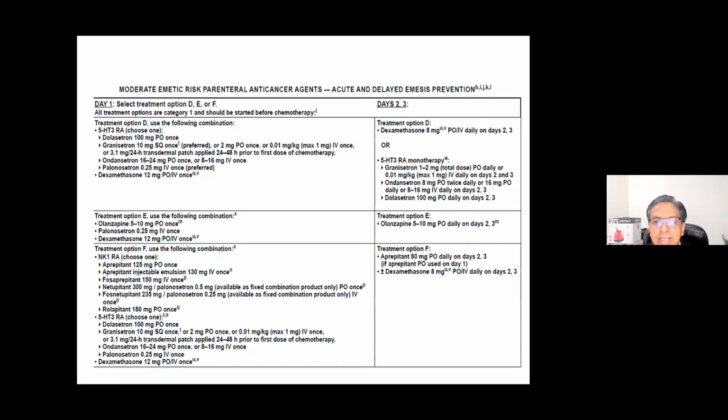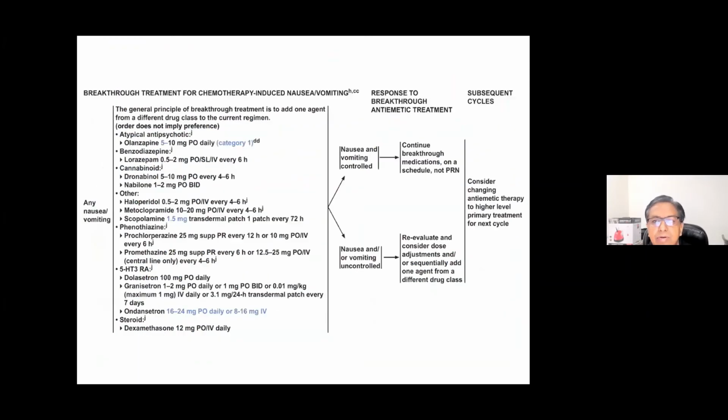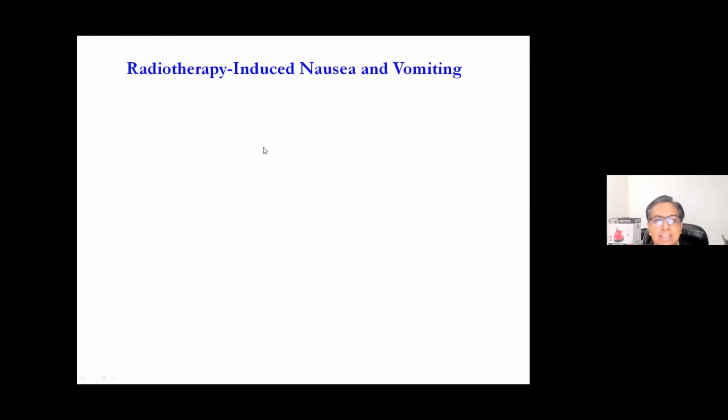For the moderate category, 5-HT receptor antagonists, the longer-acting agents like granisetron, or steroids can be considered for these patients. So when we say breakthrough, among the combinations of drugs, olanzapine has come into category 1 here. Olanzapine in the dose of 5 to 10 milligrams may be acceptable.